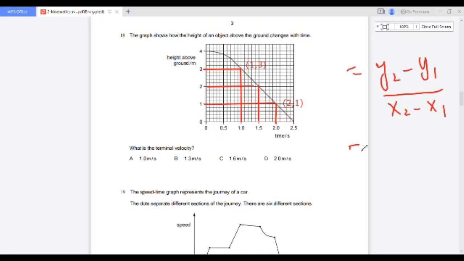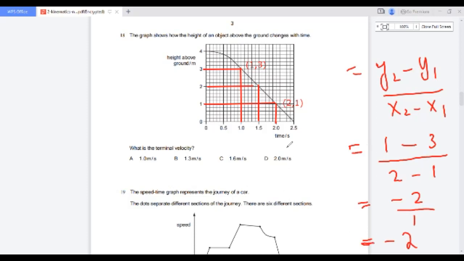So it would be minus 2 over 1, which is equal to minus 2.